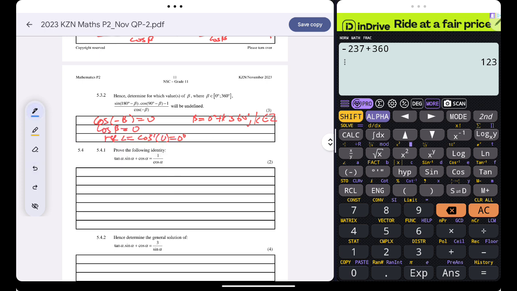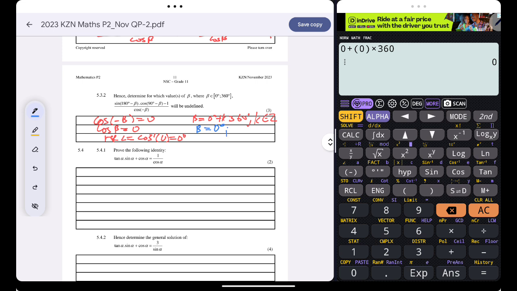Then if I'm given a restriction like this, that means I must find the actual values of beta. How can I do so? I can just substitute the values of k, because k represents integers, right? So the first thing I'll do is just substitute the first integer whenever I see k. So the first angle I get is 0.